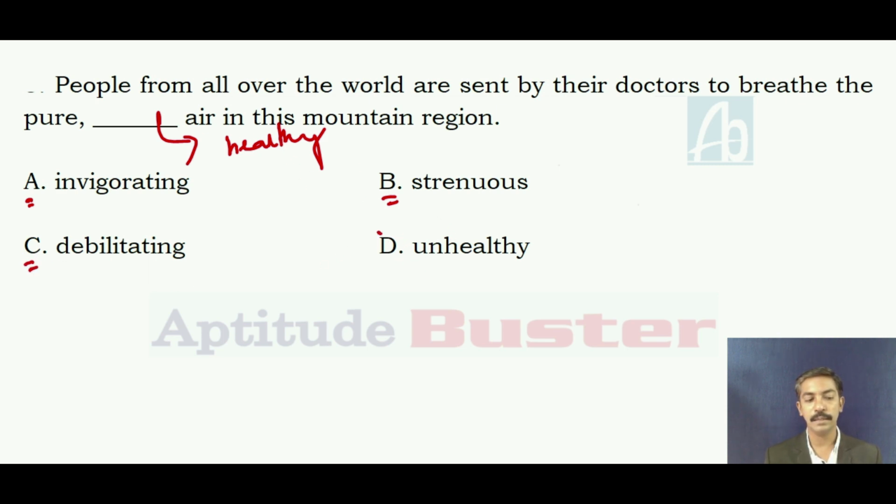Our prediction is healthy. Therefore, for this question, even though we have predicted a word for the blank, we couldn't eliminate more than one option. This is the limitation of the technique which I have been talking about. The technique which I have been advising you to follow is to read the sentence, understand the overall meaning, and based on the contextual sense, predict a word for the blank.